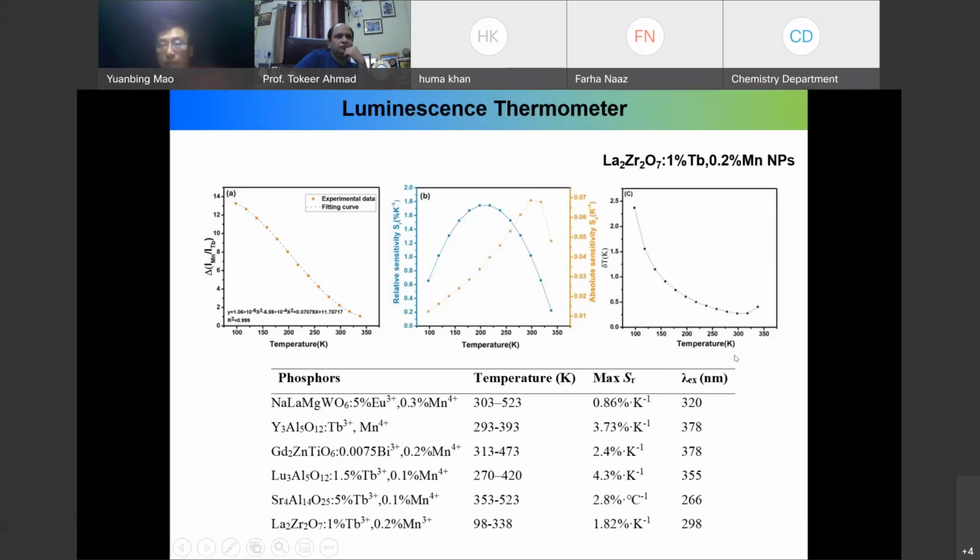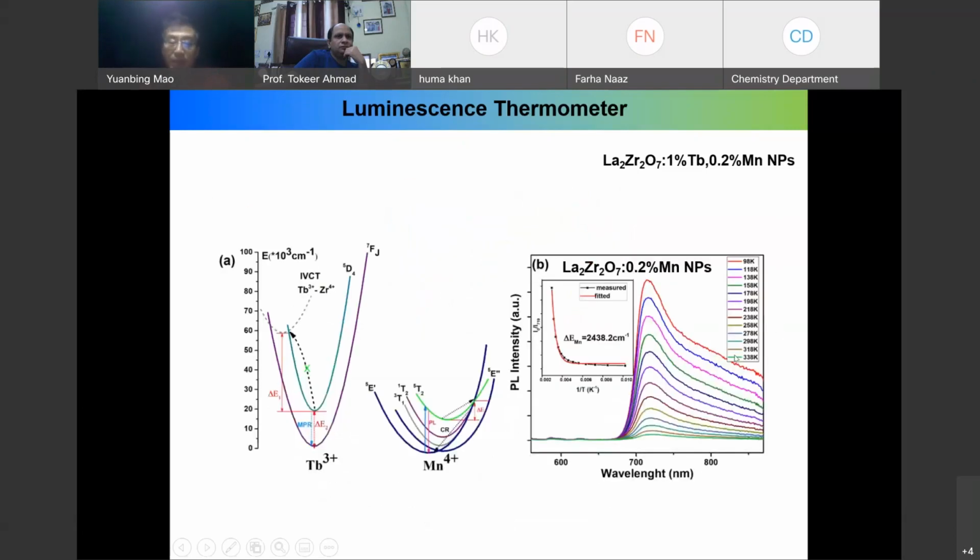So why does this happen? We tried to understand that, and proposed this mechanism. For the terbium, the transition is quite stable, while for the manganese, the electrons can be excited to these high excited energy levels, and at the same time it is more sensitive to the temperature.